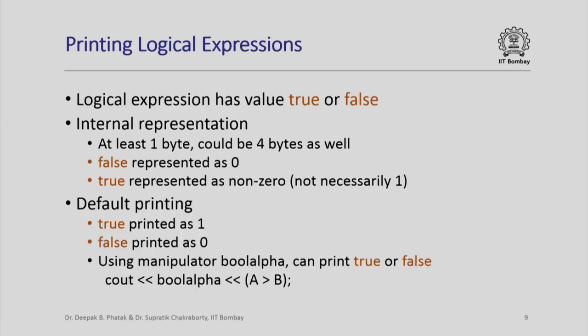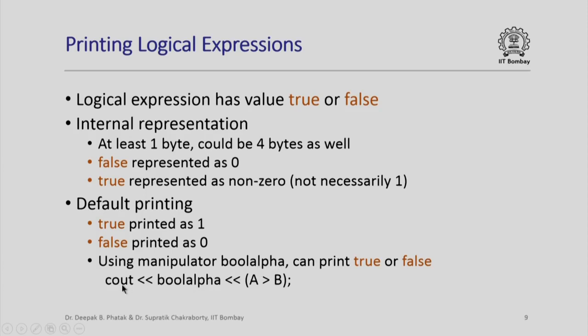However, the C++ standard does specify that when you are printing a logical value, true must be printed as 1 and false must be printed as 0. And we could also print the true and false strings if we use this manipulator called boolalpha.